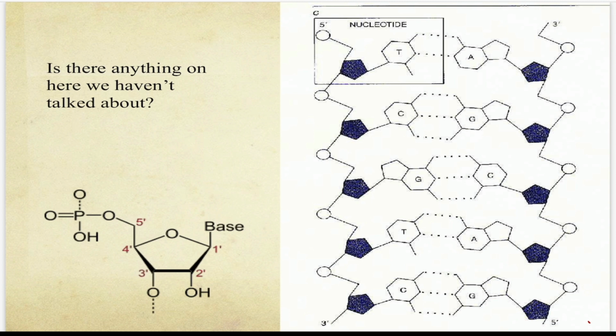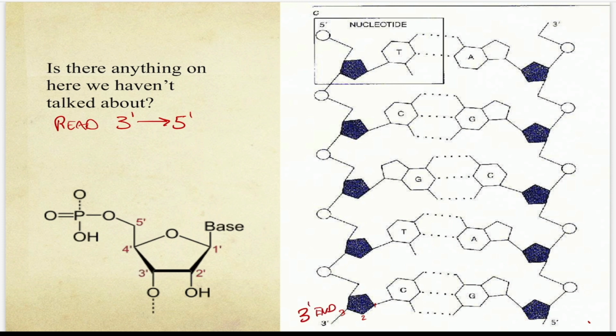DNA is always, always, always read from 3' to 5'. So in this drawing, the 3' sugar, and again, it's 1, 2, 3 carbon, there's nothing there, it's empty. That is the 3' end.